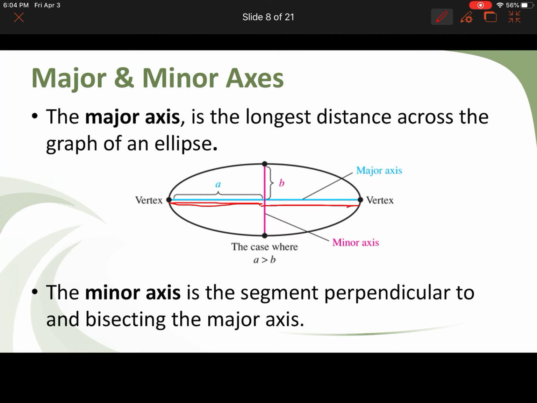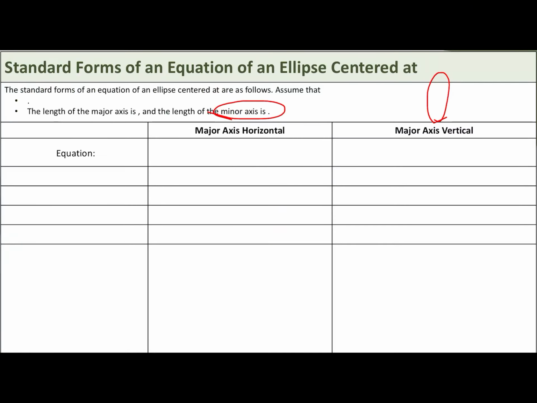Well, this is also a, from the center to the vertex. Sorry, it should be right on that blue line. That's a, and a is bigger than b because it doesn't matter whether we go up or down or back and forth. The longest one has the vertex, and so the longest one is always a, and b is the shorter one.